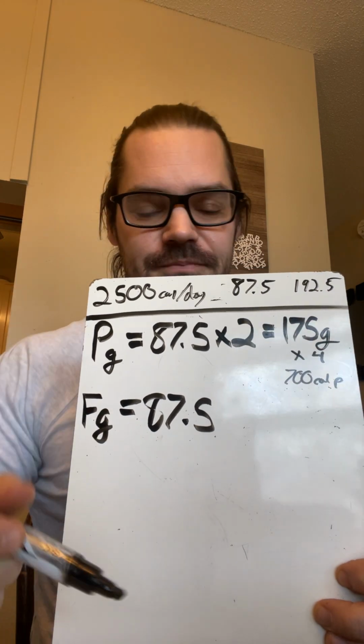These are all guidelines. 87.5 grams of fat per day. Fat is 9 calories per gram. Excuse me, equals 783 calories from fat per day.